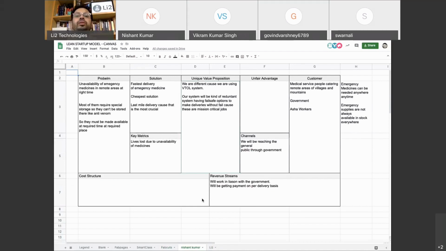So now we need to define what the value proposition is for the government. The second thing we need to look at here is delivery systems, right? You're going to take medicines from point A to point B. So how do you get a delivery system going?